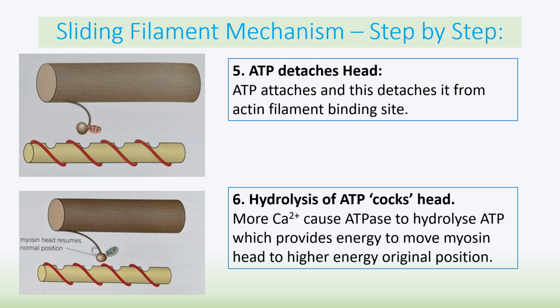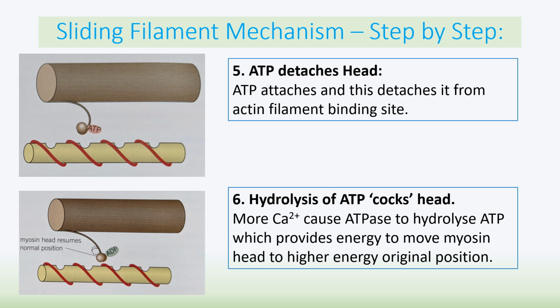We then hydrolyze the ATP, breaking it down into ADP and inorganic phosphate, and that cocks the head, or reloads the head of the myosin, however you want to say it.